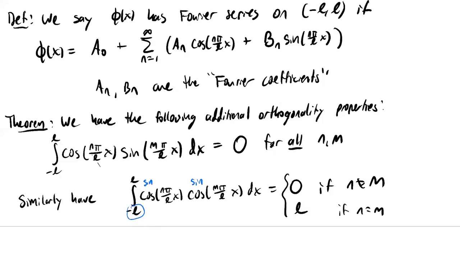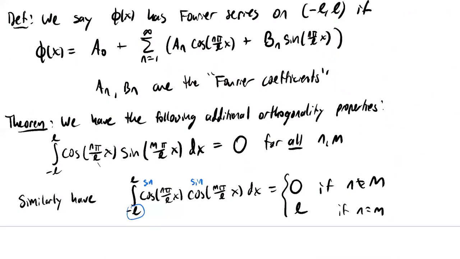So the cosine terms and the sine terms are perpendicular or orthogonal to each other. Right, and so you can evaluate this new integral using some more trig identities.